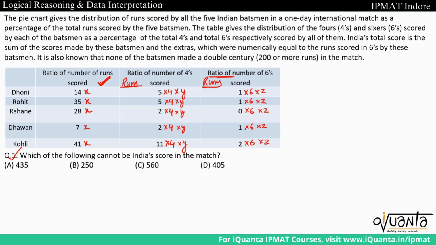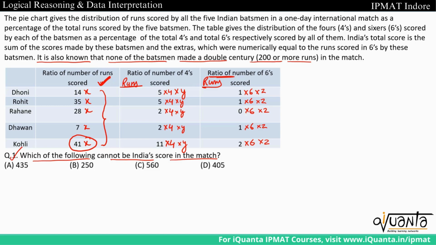Now the first question that we have is, which of the following cannot be India's score in the match? So if we look into the table, we have the runs scored by each and every batsman. We were given a clue at the last, which was, it is also known that none of the batsmen made a double century or more than 200 runs. So if we look at Kohli over here, Kohli's score is 41x.